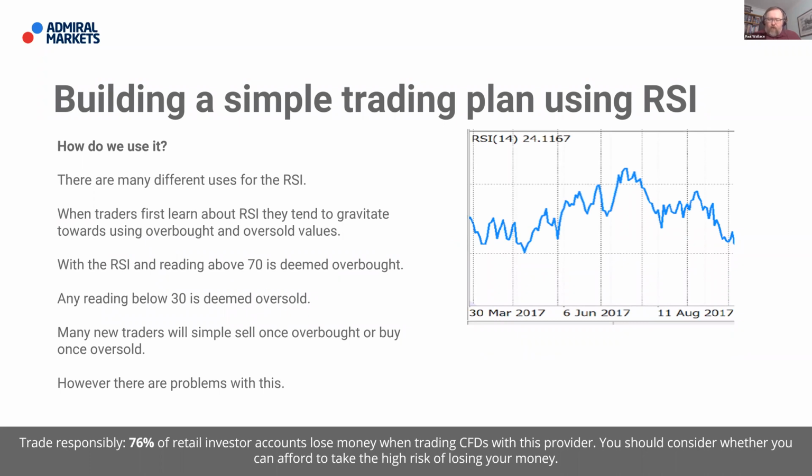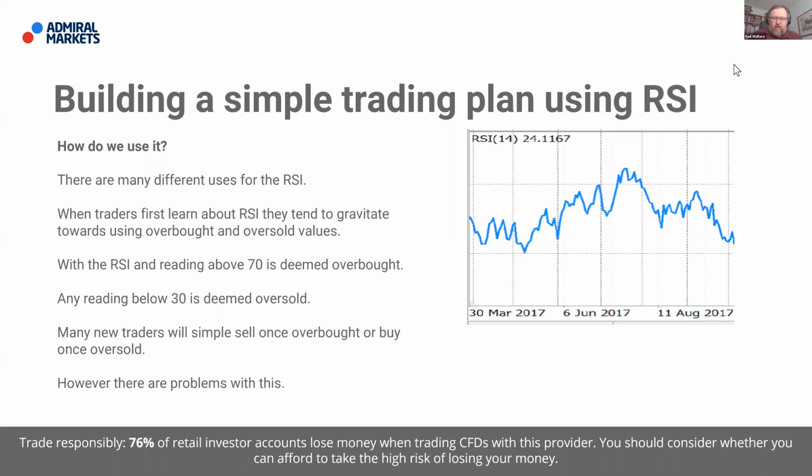So yeah, as we said before, there are lots of different uses for the RSI. And what you find is that when traders first learn about RSI, they tend to gravitate towards using overbought and oversold values. What does that actually mean?